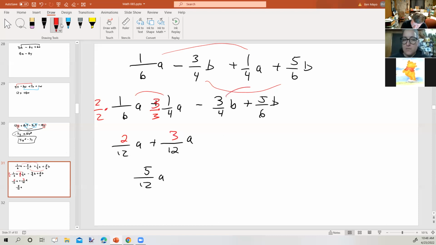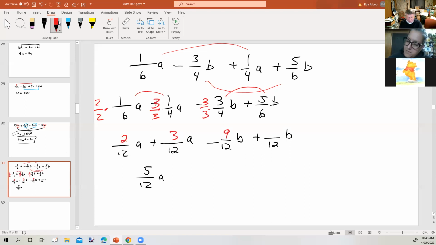Moving on now, the least common denominator of 4 and 6, again, is 12. So this is minus so many 12ths B plus so many 12ths B. I'm going to multiply the 3/4 by 3/3. So 3/4 becomes 9/12.